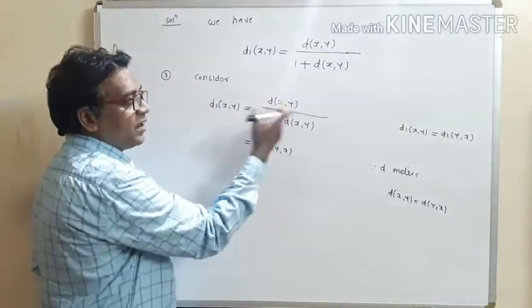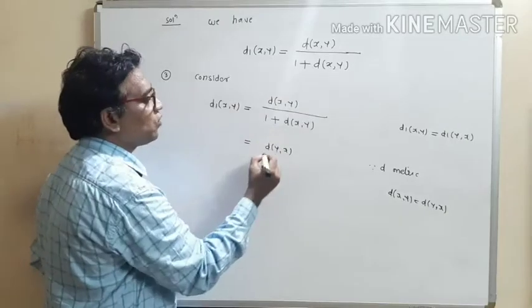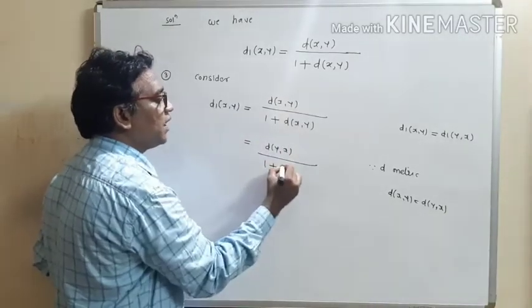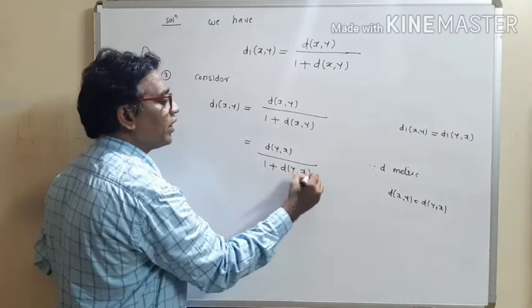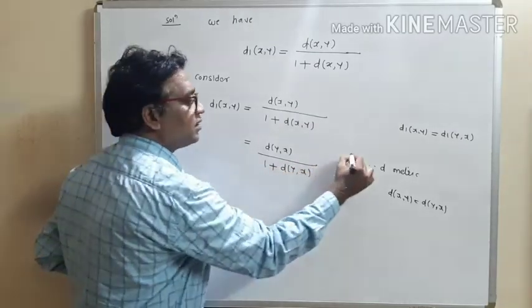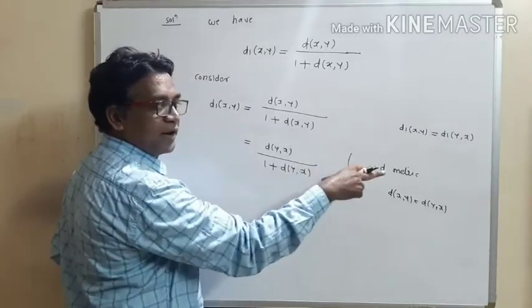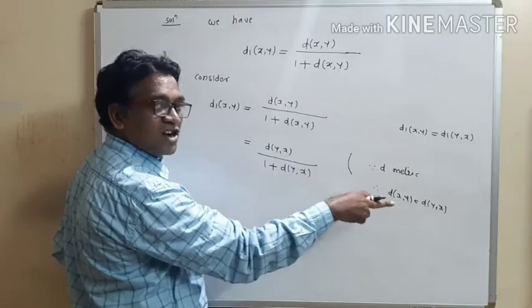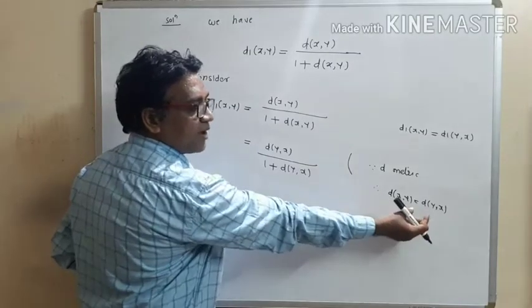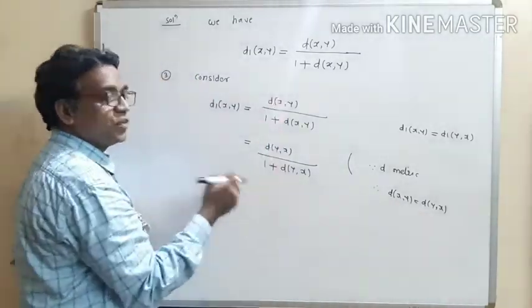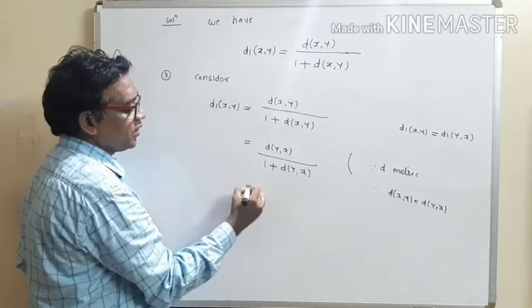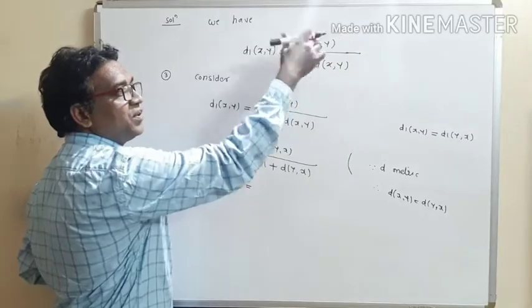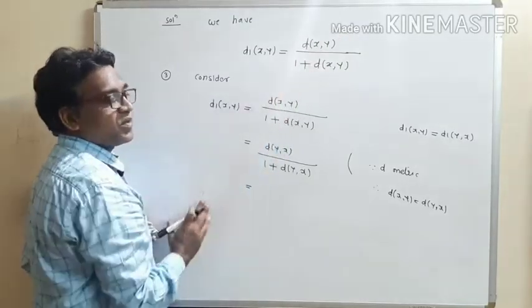So instead of d(x,y), we can write d(y,x) divided by 1 plus d(x,y). And what is the reason? This is the reason because it is a metric. Metric means d satisfies the third condition, d(x,y) equal to d(y,x), just put that value. So this is equal to, now d1(x,y) is given by d(x,y) divided by 1 plus d(x,y).